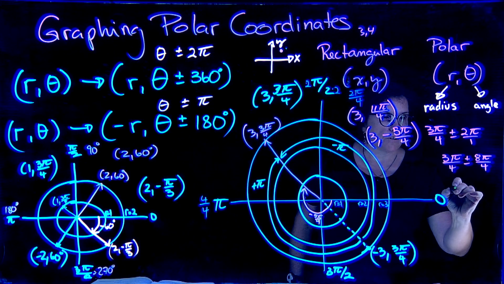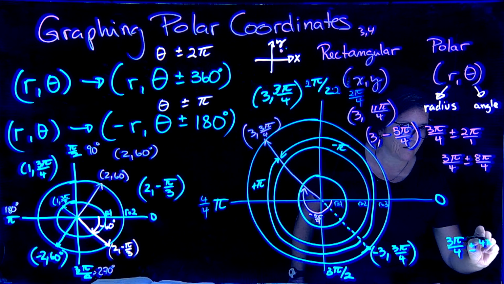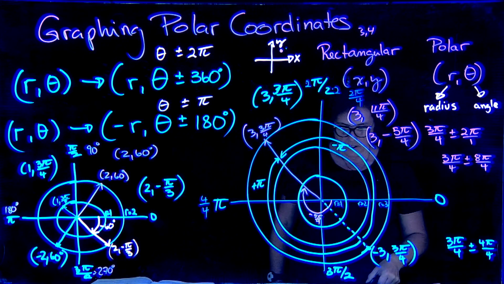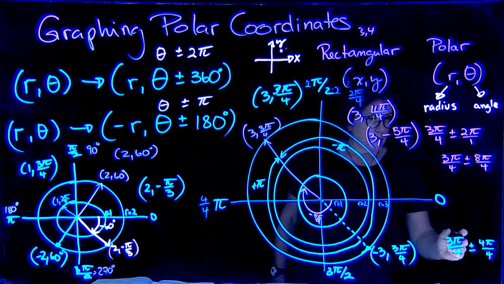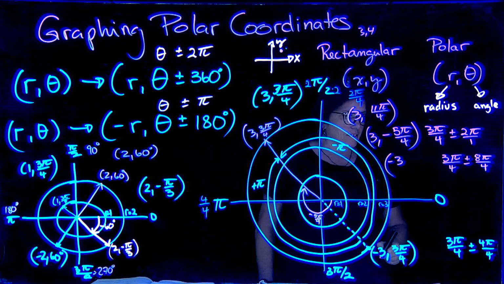Okay, little sidebar over here. 3 pi over 4 plus or minus 4 pi over 4, which is 1 pi. And 3 plus 4 is 7 pi over 4, so my radius is now negative.